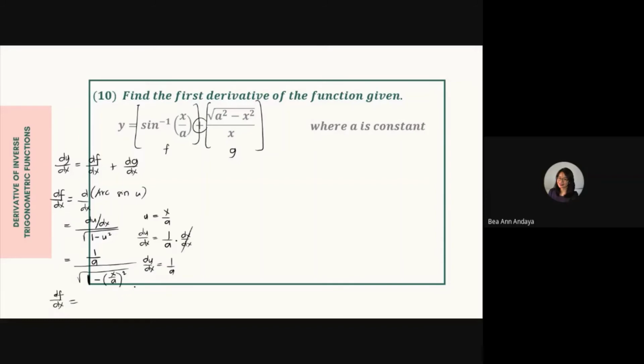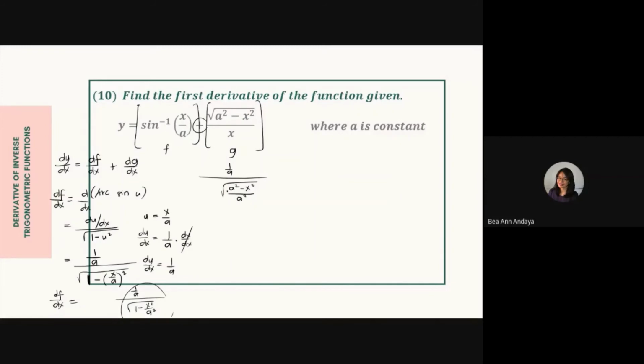Kung meron kang 1 all over a sa taas, sa baba, meron kang square root ng 1 minus x squared all over a squared. If you're going to simplify this one, let me just place it here, that if you have 1 all over a divided by the square root of, that is a squared, this is a squared, and this is x squared.